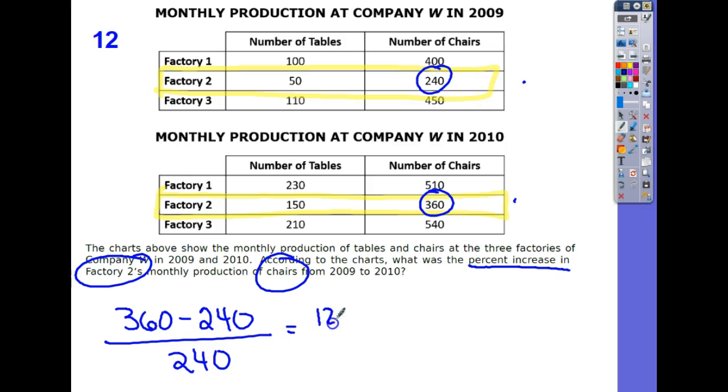This would be 120 over 240. This is a formula you need to memorize, or you need to learn some common sense. The difference divided by the original times 100 to change it into a percent.